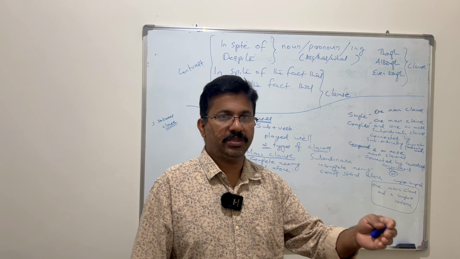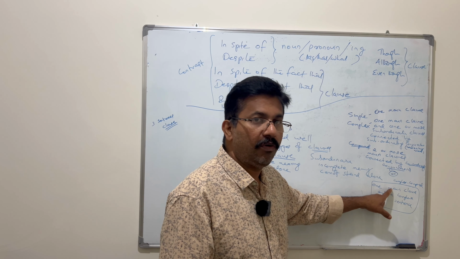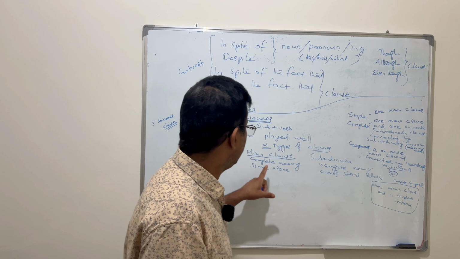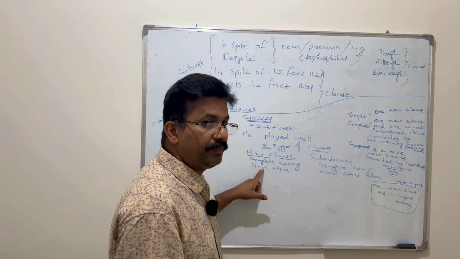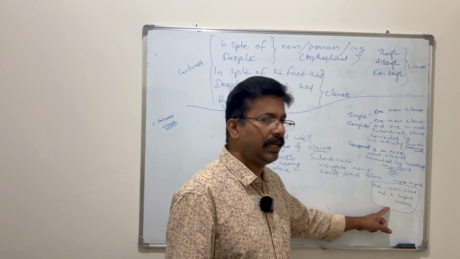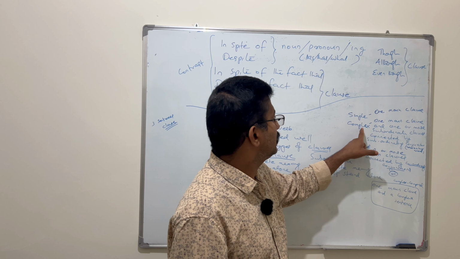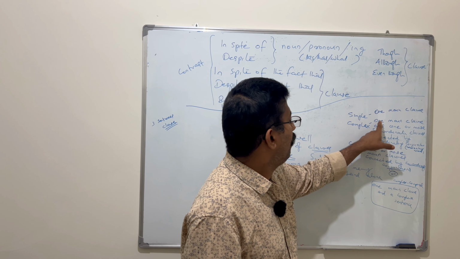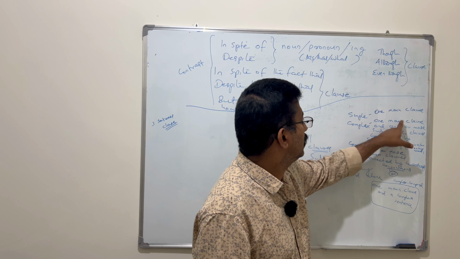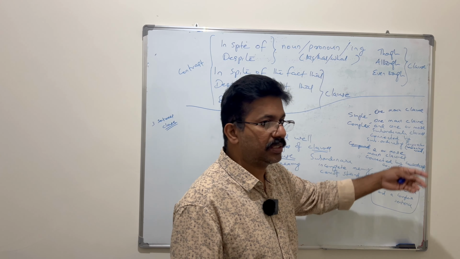Then the second definition of a compound sentence is that it can have one main clause, which can stand alone, and a complex sentence. How could it be a compound sentence then? Because just look at the definition of a complex sentence. A complex sentence has one main clause and one or more subordinate clauses.